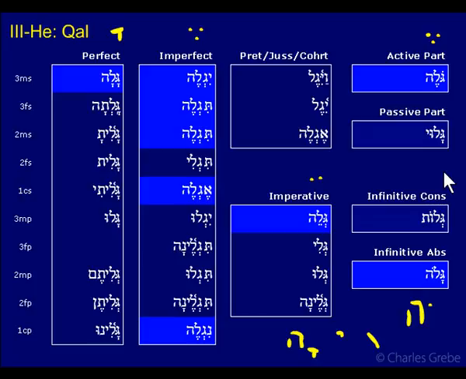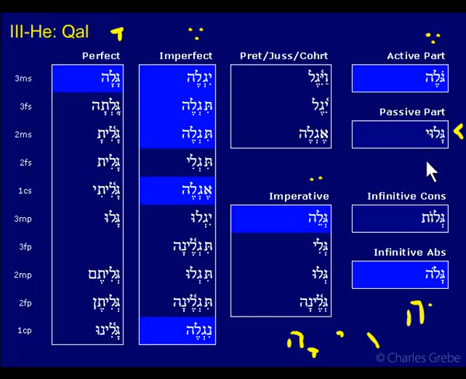Now, what about these two guys? What's happening here? If you refresh your memory by looking at your strong verb chart, look at the Kal passive participle. What is it? It's pakud. And what do we have here? We have galui. Well, it really is very much like the strong verb, isn't it? The only thing is that original yud is showing up here.